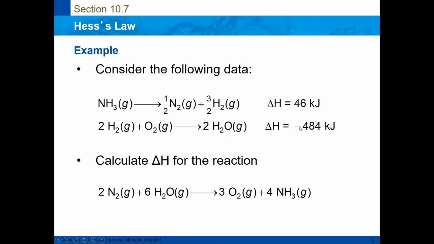So this is going to be a positive reaction, right? If you flip it, you're going to have the water on the reactant side and the hydrogen and the oxygen on the product side. So that's what flipping means.